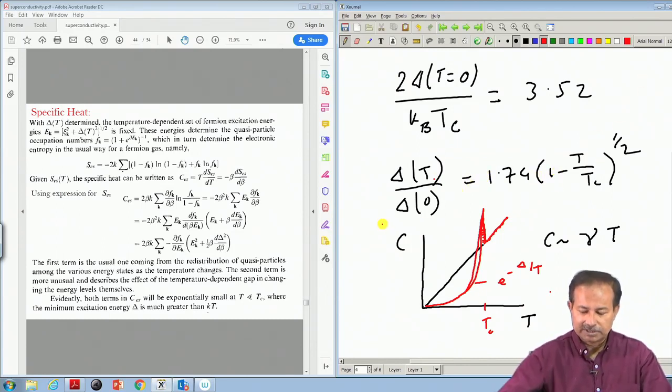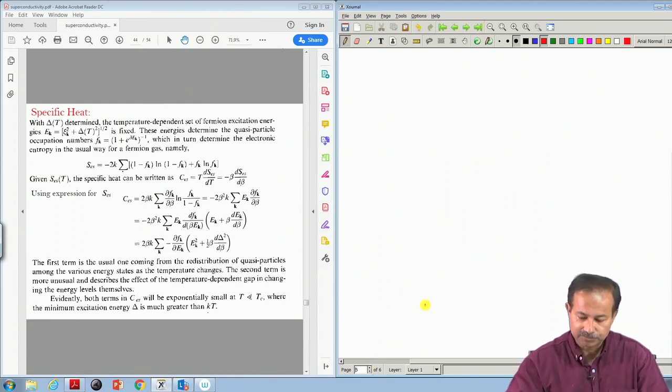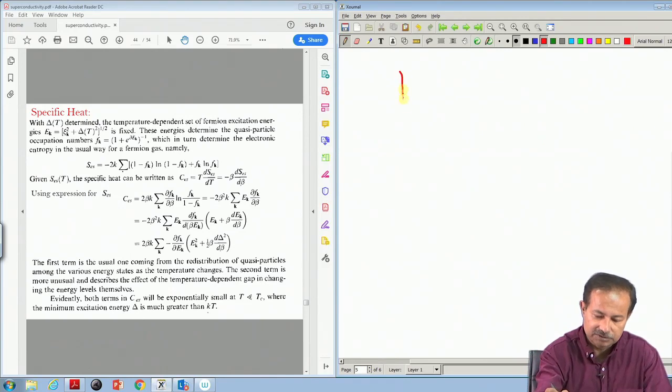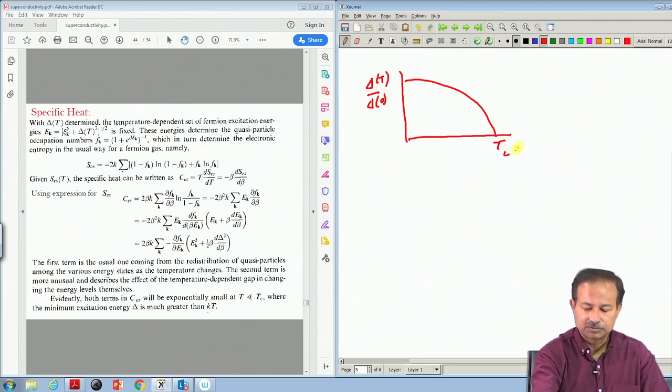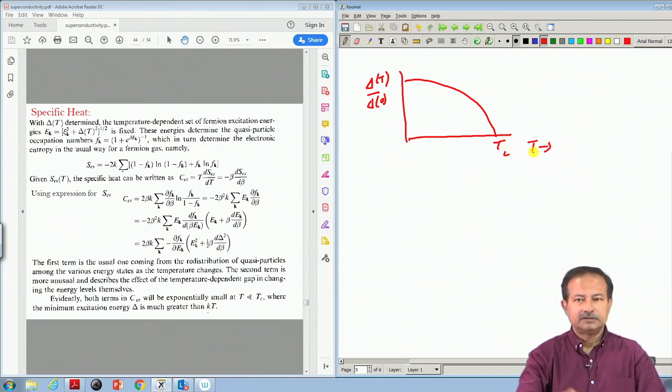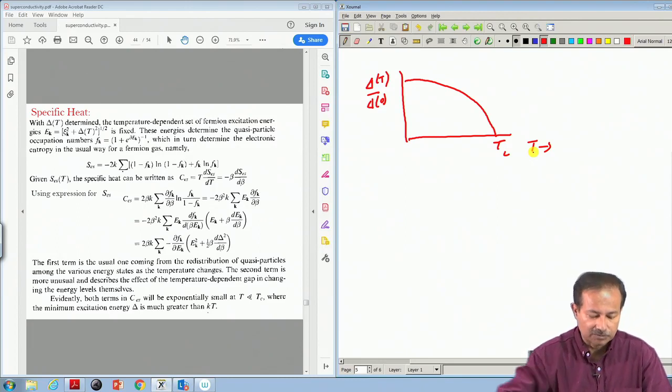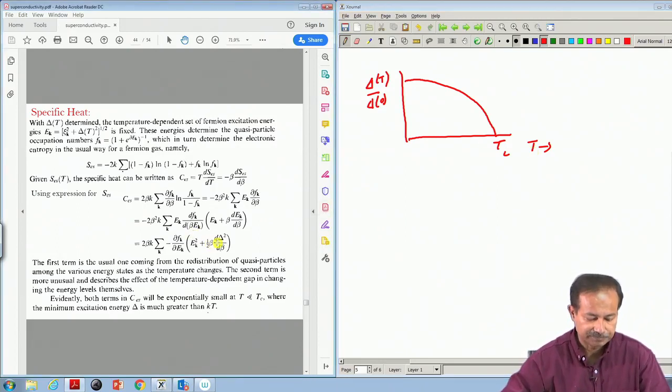So, that gap structure that we wrote down is now coming to play a role in this. So, delta versus T, remember delta T by delta 0 had the structure of T by T c. At T c it goes to 0, and this is the one that is now going to contribute to the second term.